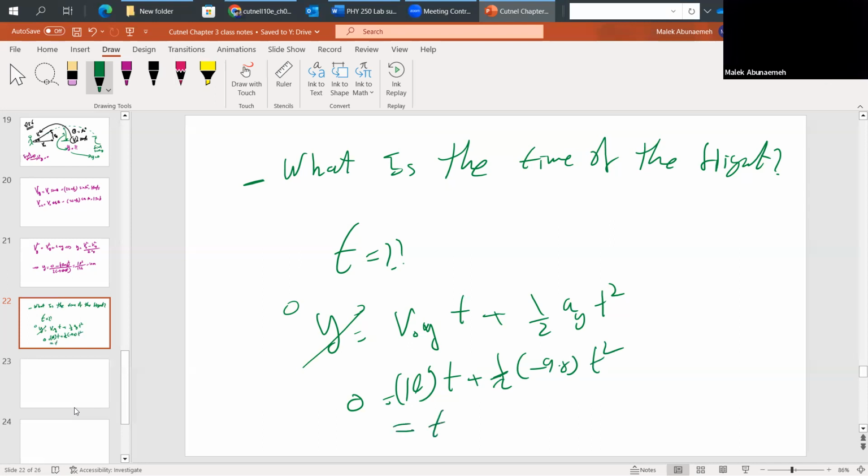If we divide all of them by t, you get 0 equals 14 plus minus 9.8 divided by 2 times t. That means your time is going to equal 14 times 2 upon 9.8, and you should get 2.9 seconds.